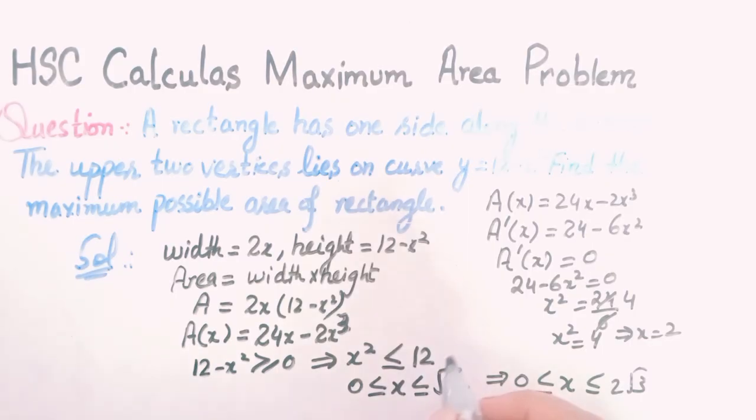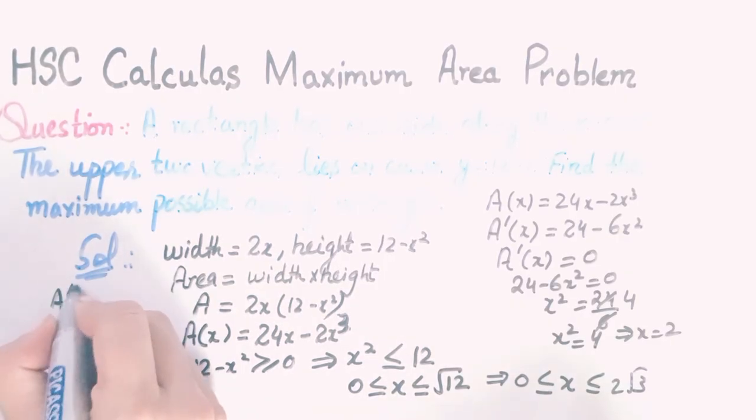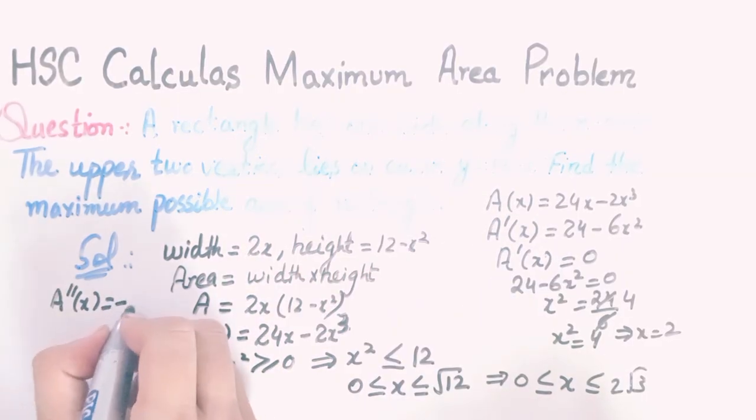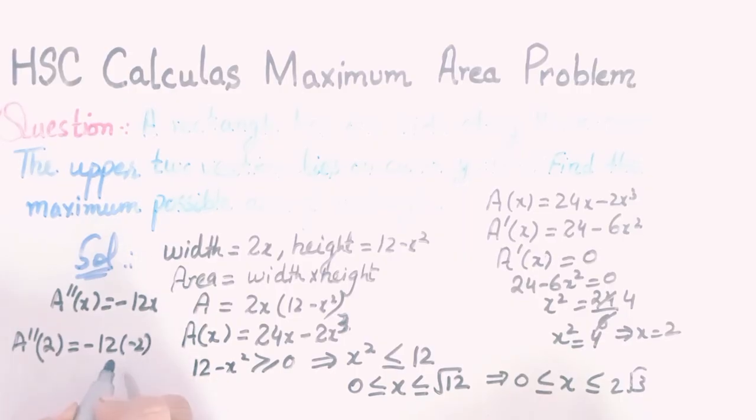Now we have to prove that it's really a maximum or not. We will check its double derivative. So find this here, A double dash of x, that will equal minus 12x. Now at x equals 2, 12 into 2 will become 24, and this is minus 24.